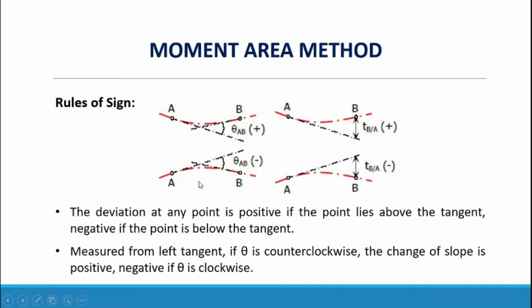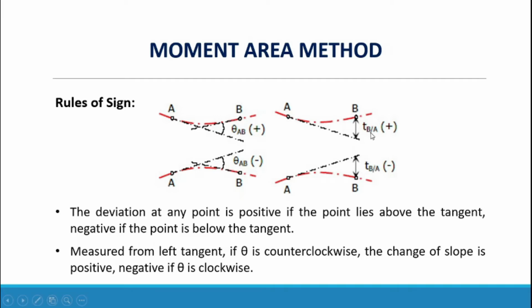So the rules of sign in this case: for counterclockwise, the value for theta AB is positive, and for angle theta AB in the clockwise direction from A to B, the sign is negative.